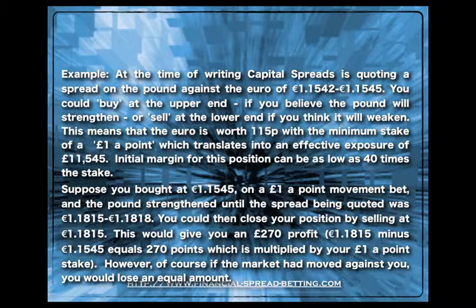You can then close your position by selling at 1.1815, and this would give you a profit of £270. Now, this equals 270 points, which is multiplied by your £1 a point stake. However, of course, if the market had moved against you, you would lose an equal amount.